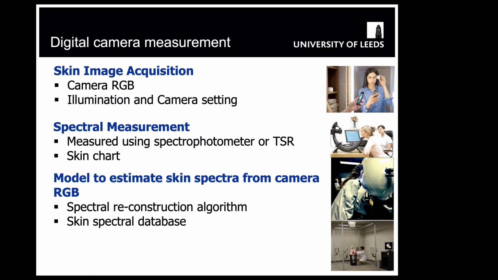But in general, what you capture from your human face with a digital camera is camera RGB, okay? And what we are trying to do is predict from camera RGB to the spectral reflectance. In this case, how we can improve our model for the skin spectral reflectance estimation is the key technology we are trying to develop.